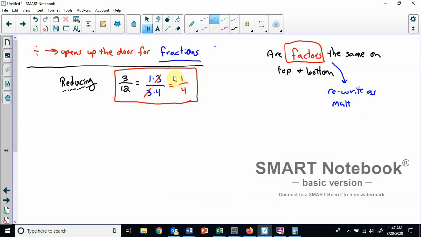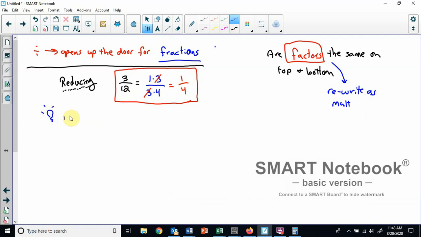Now, are we done reducing? Is there anything else that I can break the top and bottom up into that would be identical? No, there's not. Besides 1, but 1 doesn't count. Another way of thinking about this, and I like to provide a lot of ways of thinking, is, just do a little light bulb.